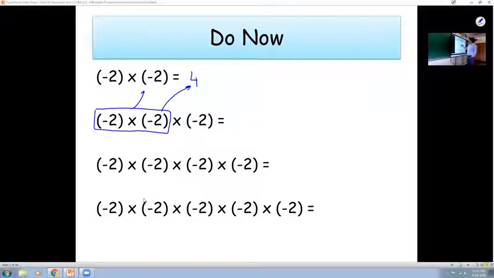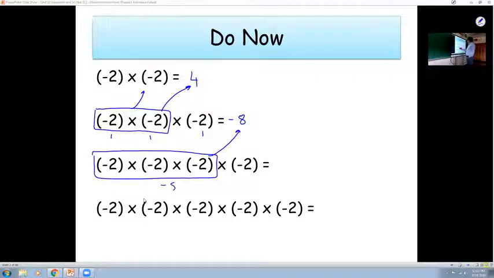And 4 times -2 is -8. How many -2s do I have? 3, right? So I will go up to 3, and I will copy this answer from here. It is -8, and -8 times -2 is +16.